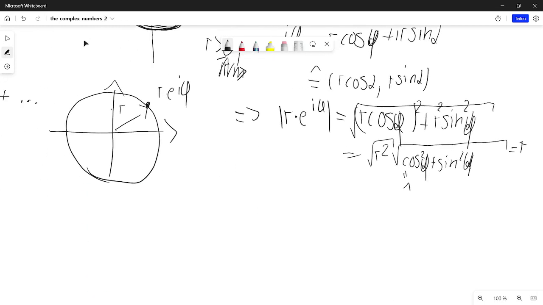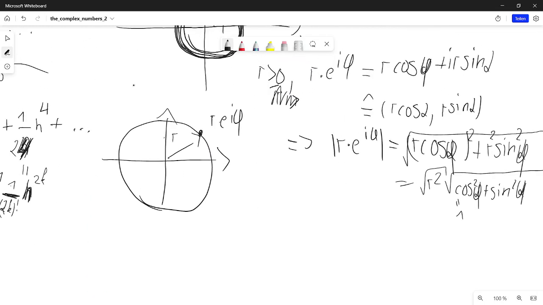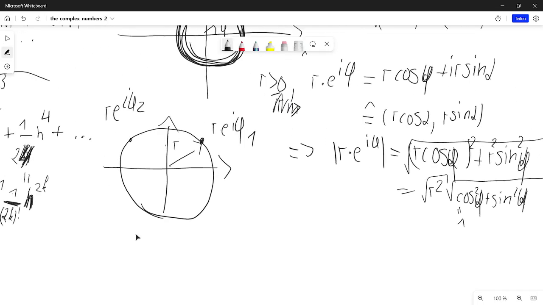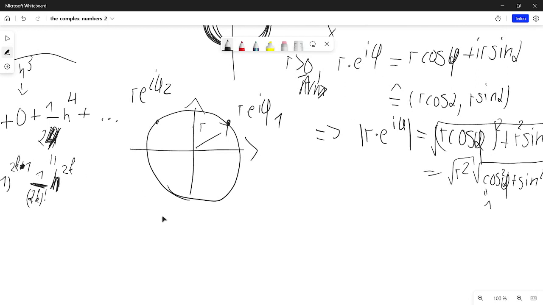And now, of course, we could have gone to r, phi plus 2 pi and so on. And so we can have those two parameters, r and phi.